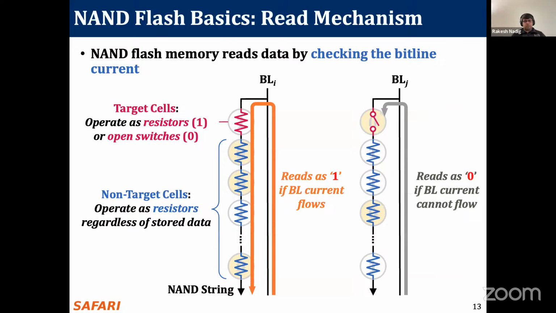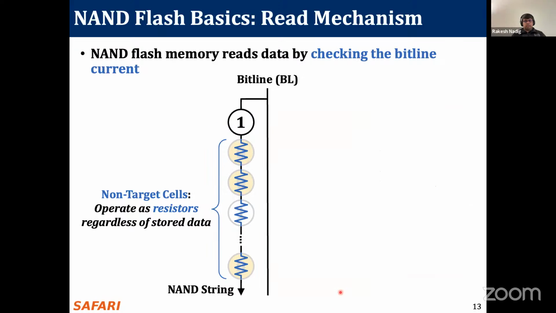Yeah, that's a very good question. For the non-target cells, we provide a V-pass voltage, which is very high compared to the read voltage. It has some influence on the neighboring cells and also on the cells to which the V-pass voltage is provided. We call this the read disturbance phenomenon in flash memory.